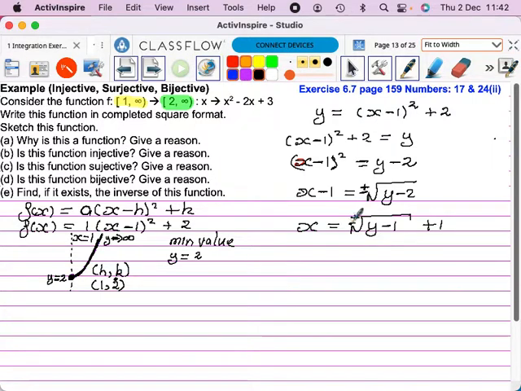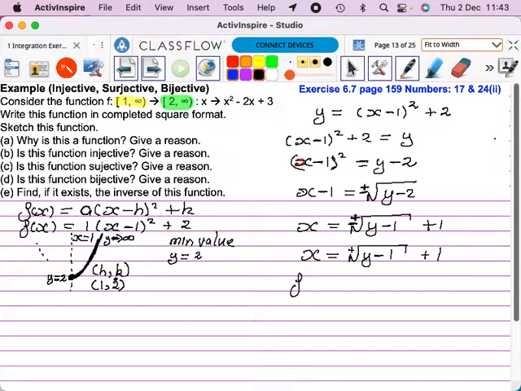And then we have to decide, is it a plus answer or a minus answer? Because it's on the right-hand side, it means it's a plus. If the quadratic had been drawn on the left-hand side, it would be the minus version. So we've now got x is the square root of (y minus 2), plus 1.